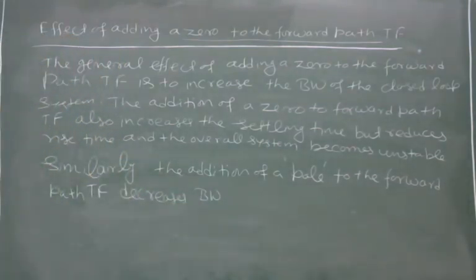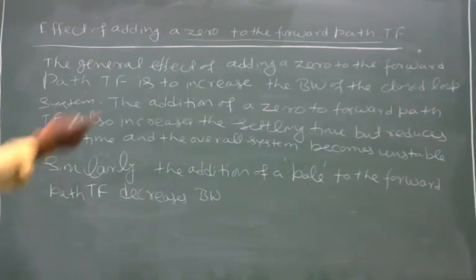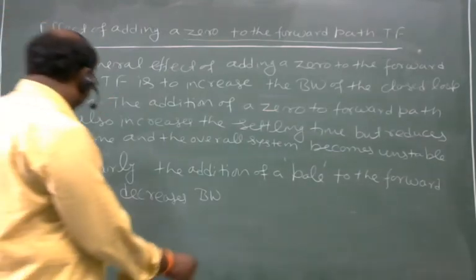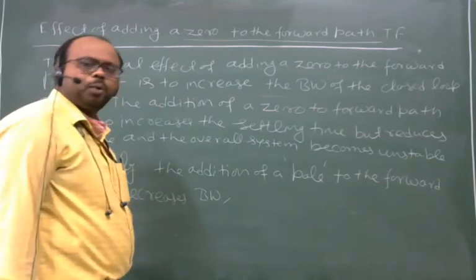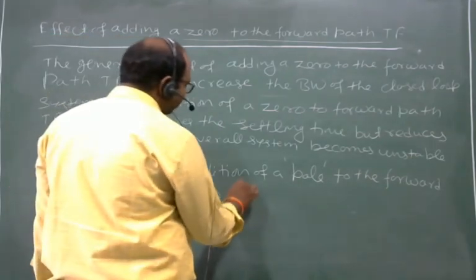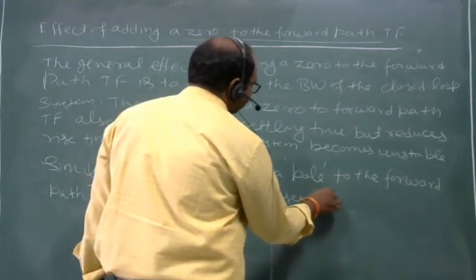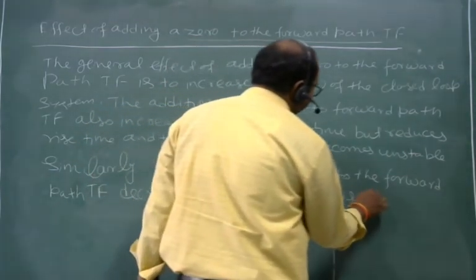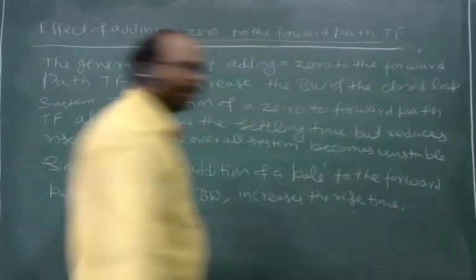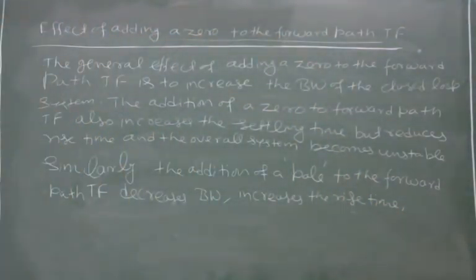Adding a 0 increases the bandwidth. Adding a pole decreases the bandwidth. Adding a 0 reduces the rise time. Adding a pole increases the rise time.